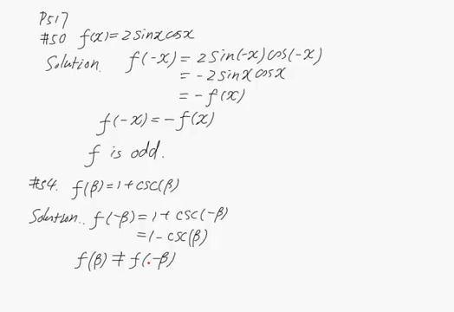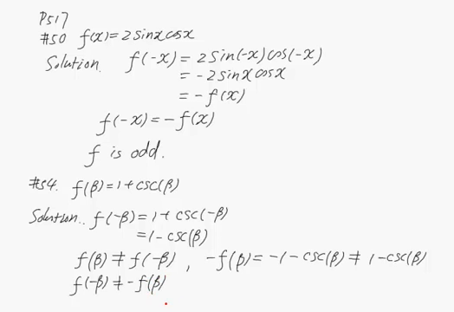And then you compare f of negative beta with negative f of beta, which is equal to negative 1 minus cosecant of beta. And you can see this one is not equal to 1 minus cosecant of beta, right? So f of negative beta is not equal to negative f of beta either.